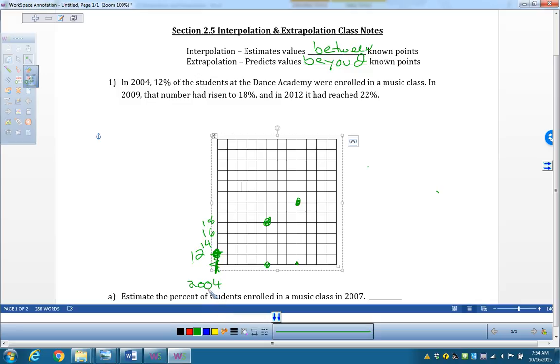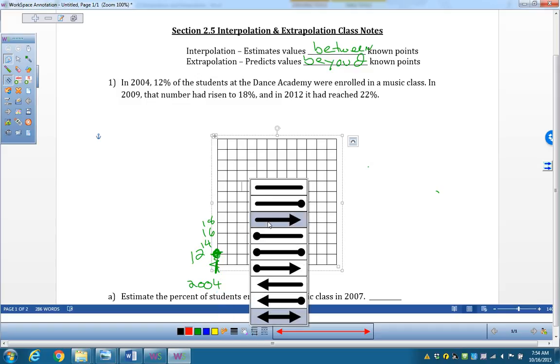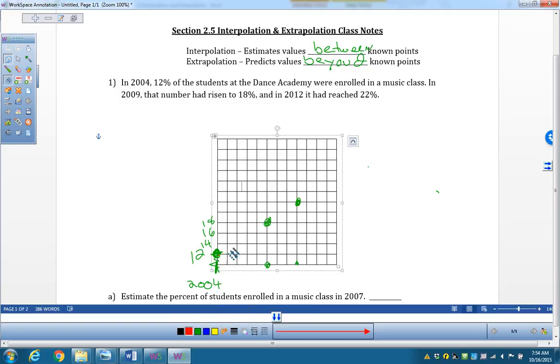Yeah, okay. And so then I could draw a line through those points going like that. And I could use that to interpolate and extrapolate. Right? So let's try to do that.